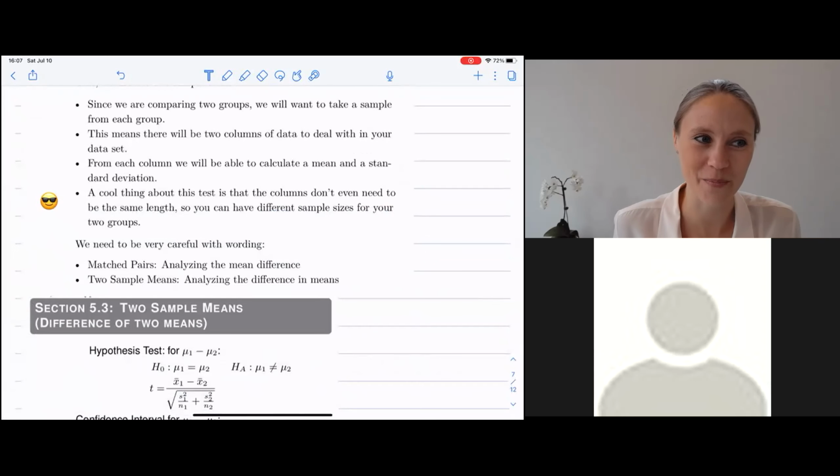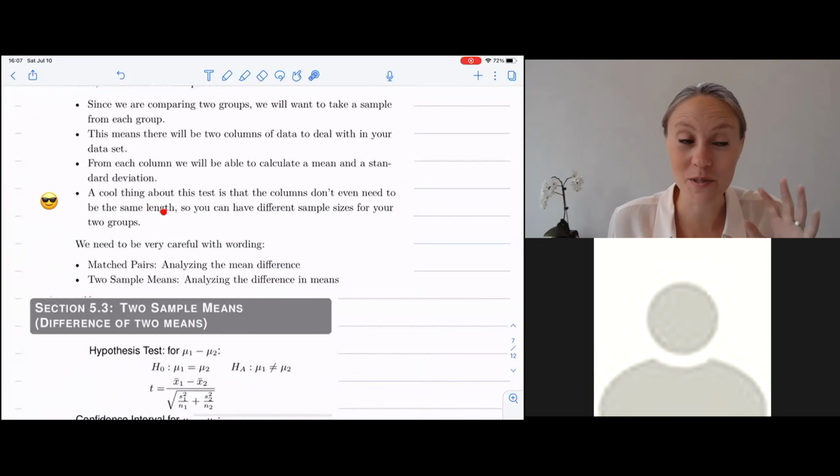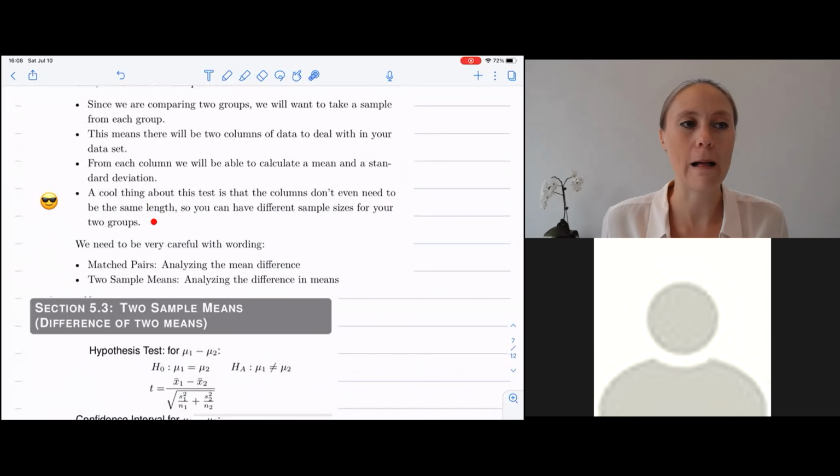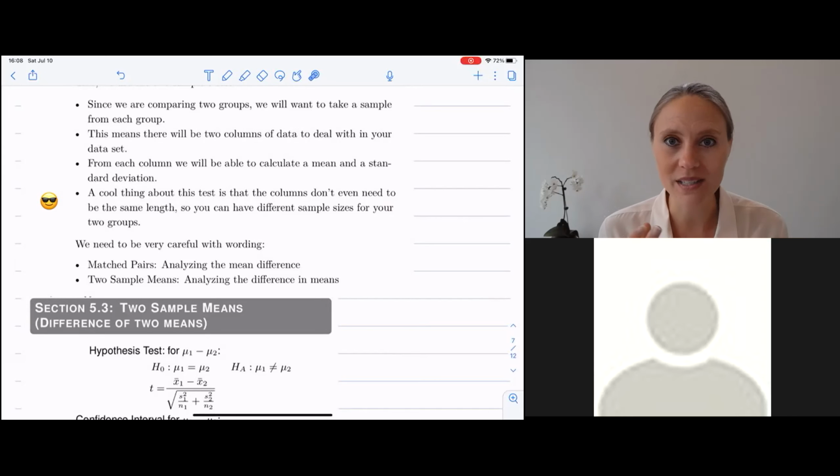A cool thing about this test is that the columns don't even need to be the same length, which I kind of spoiled for you already, which means that we will be able to deal with different sample sizes in the two groups. Usually we want to have the same sample size in both of the groups, just kind of human nature, I guess.